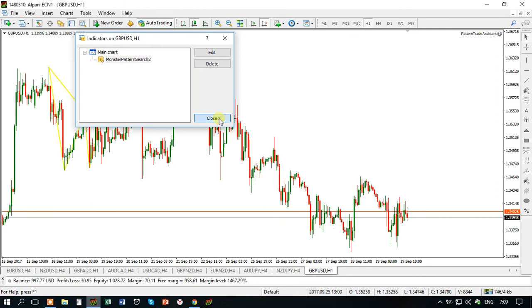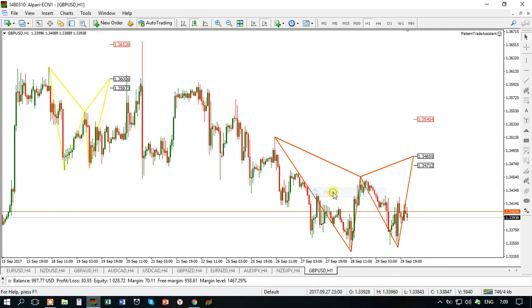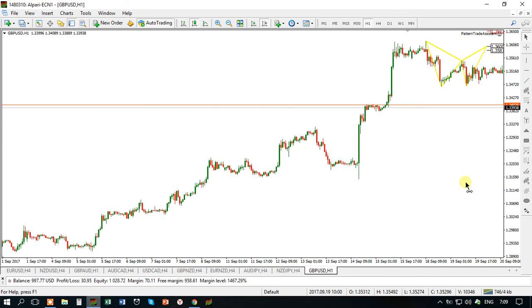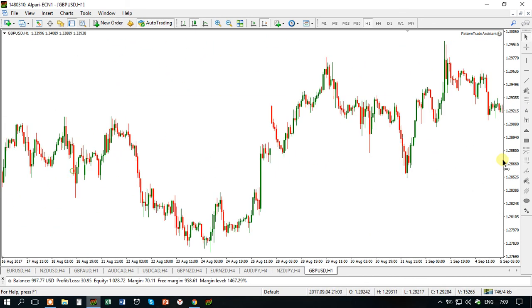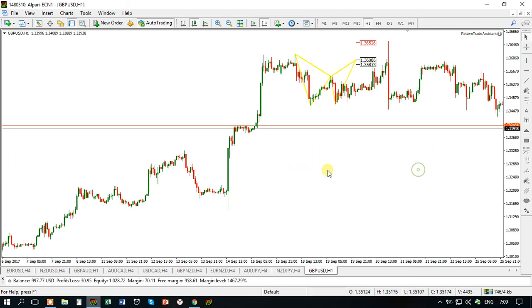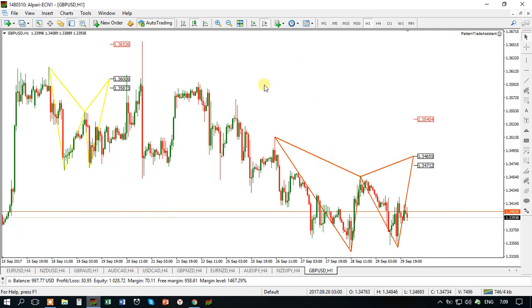Okay. Refresh rates, recalculated. So nothing outside of my window, outside of the visible zone. So this is the new Monster pattern search. It is much more comfortable than it was previously. Previously it was a script, and you had to run it every time you wished to find a pattern, but right now you don't need to run it every time.